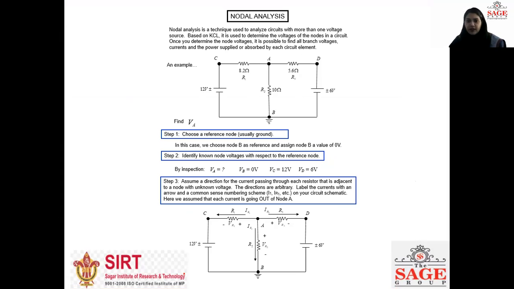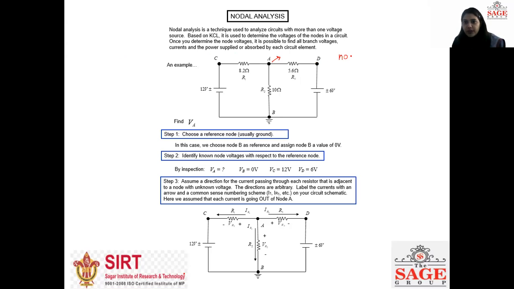Nodal means that we are applying analysis on a node. So how many nodes do we have here? How do we identify whether a particular point is a node or not?